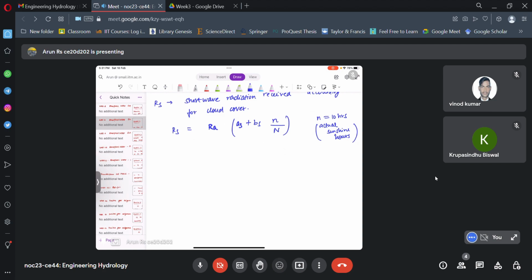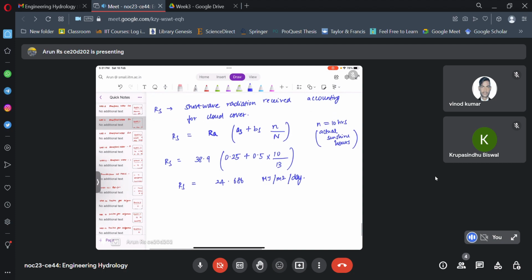It's a constant. This is 38.9 into AS and BS is given in the question: 0.25 plus 0.5 into 10 by 30. So we'll get your RS as 24.686 megajoules per meter square per day.